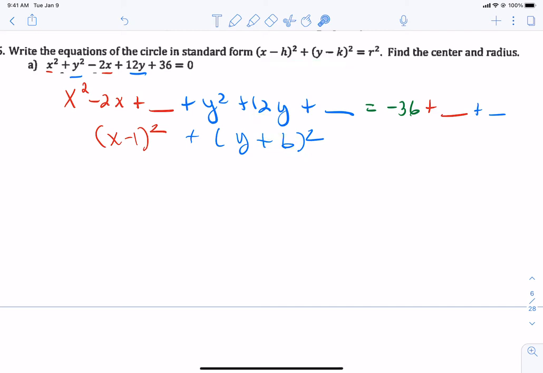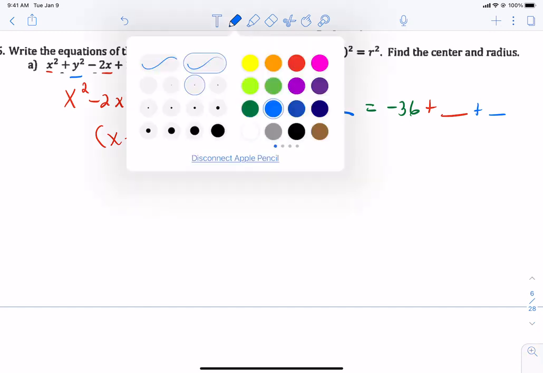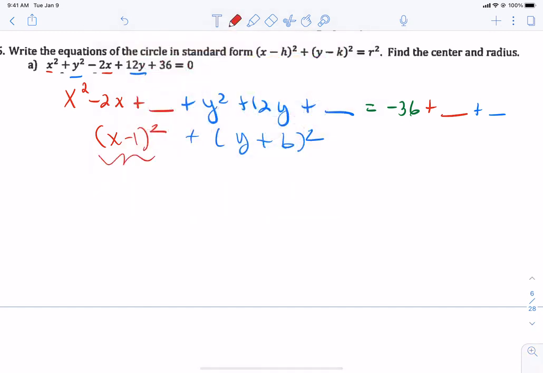Okay, but now the part that you have to worry about is finding the correct radius. So what do we do? Well, if I were to write this twice and square it, -1 times -1 would hang off the end, or -1 squared would have to go right there. -1 squared is 1. That's what fills my spot.